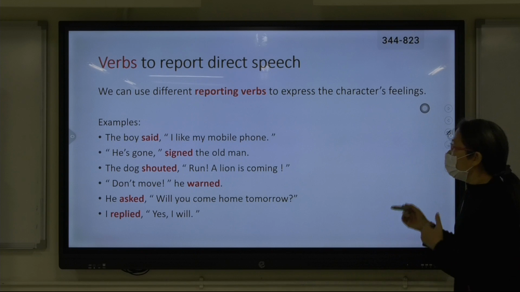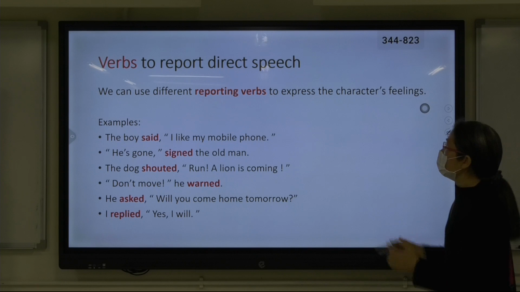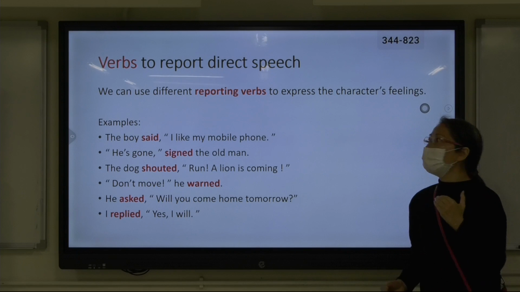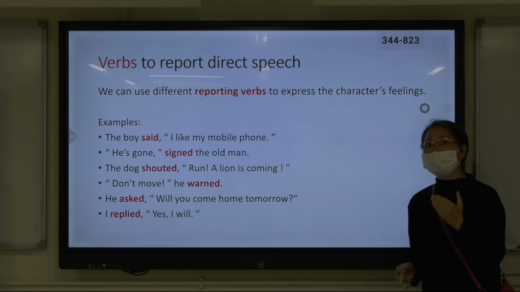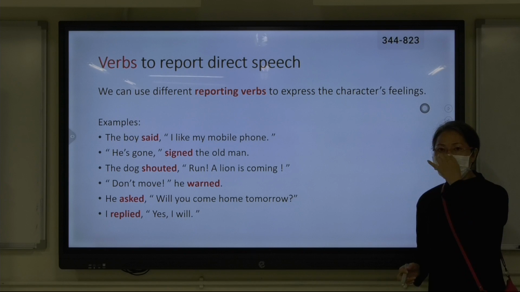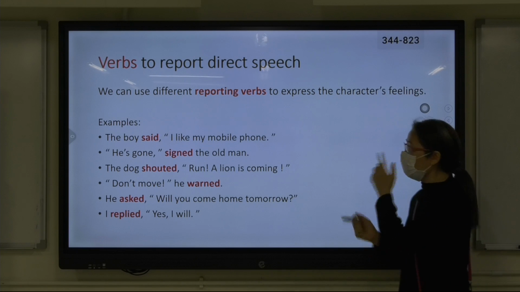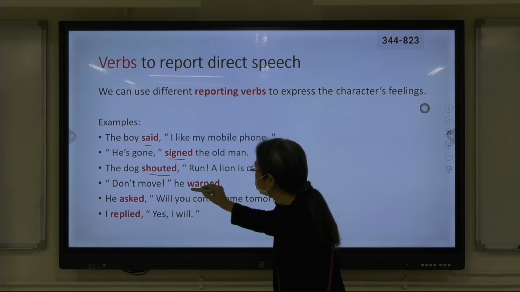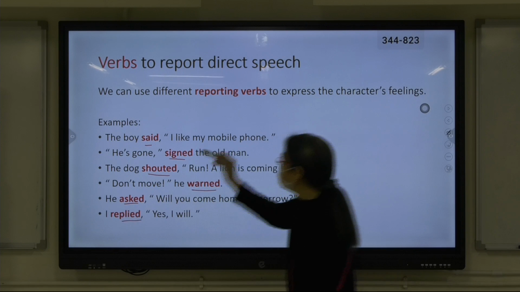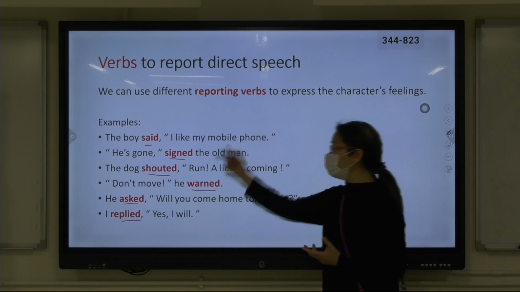And also in the direct speech, we'll use reporting verbs. There are many reporting verbs to use, and we use them to express the character's feeling. How does he or she feel at that time? For example, the boy said, "I like my mobile phone." Said.